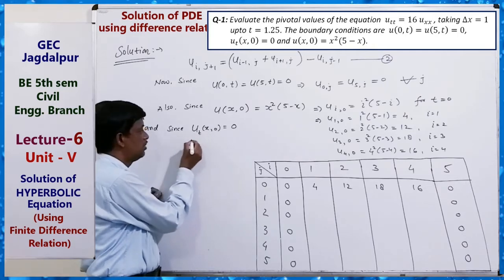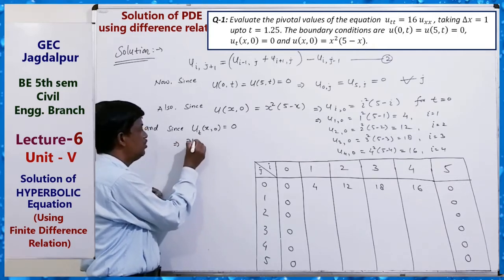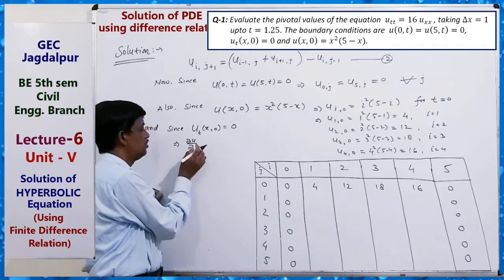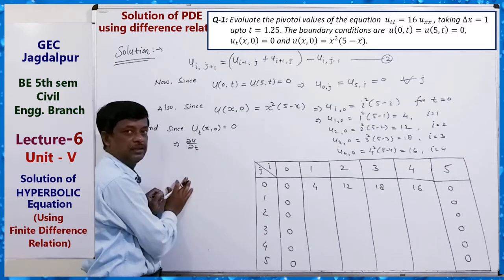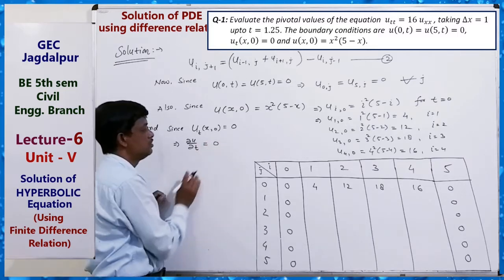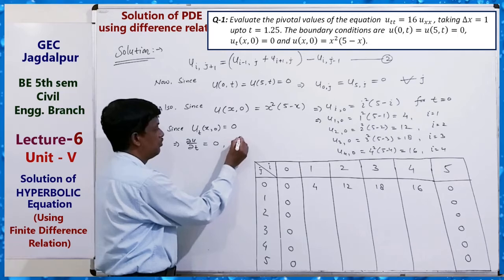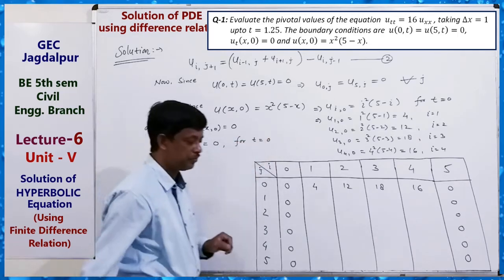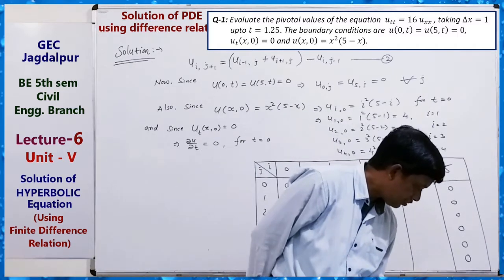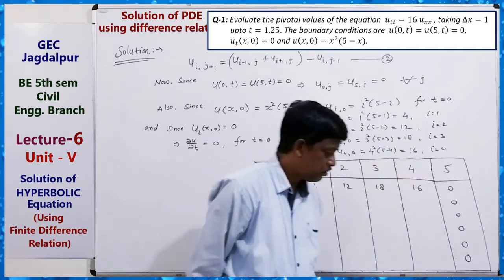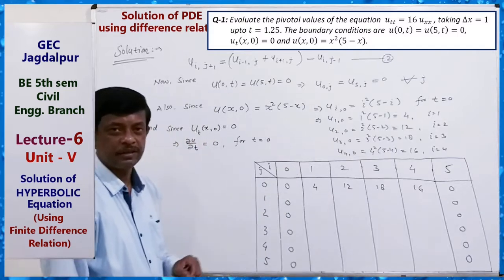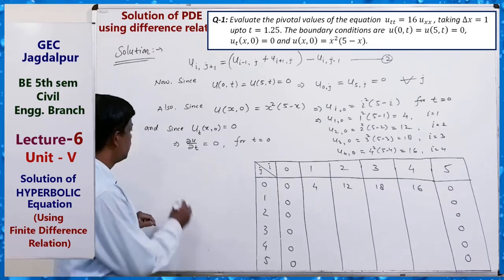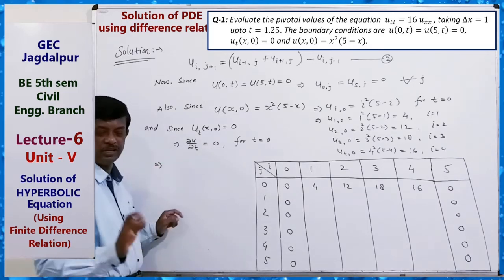That is, del u upon del t equals 0 for t equals 0. Okay. So what becomes it? Just use the first derivative approximation formula.